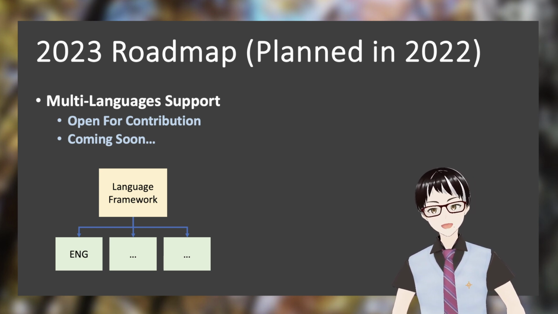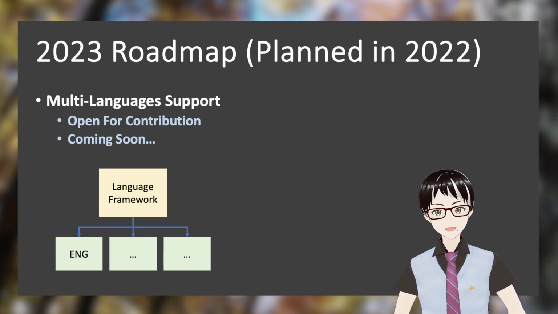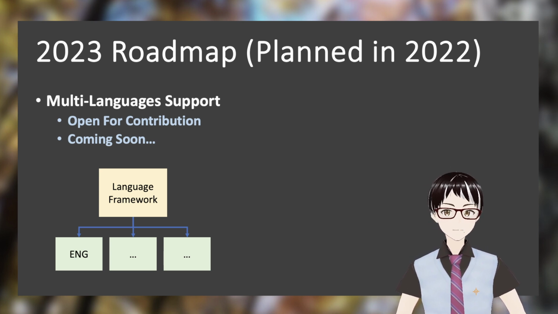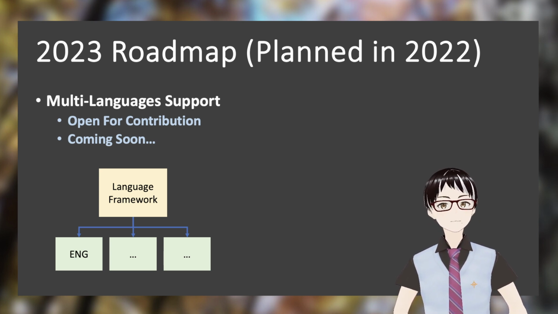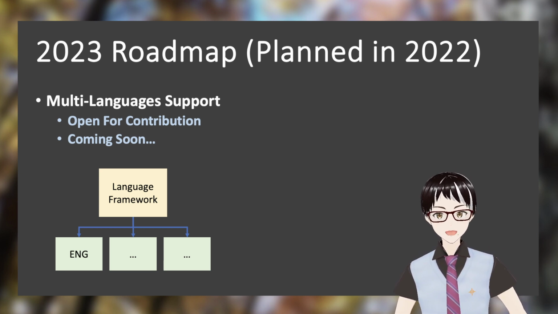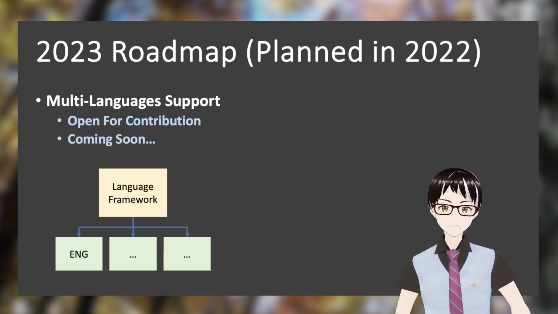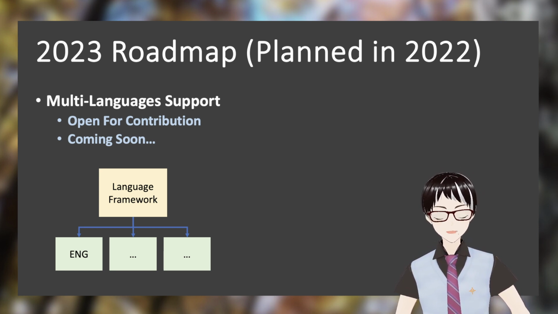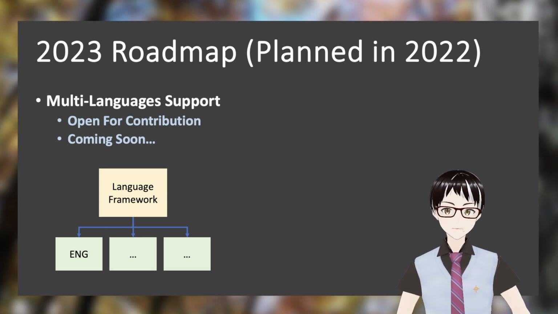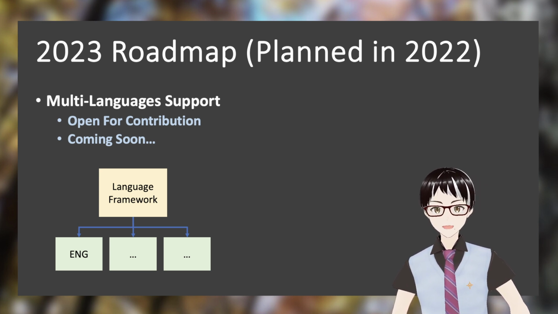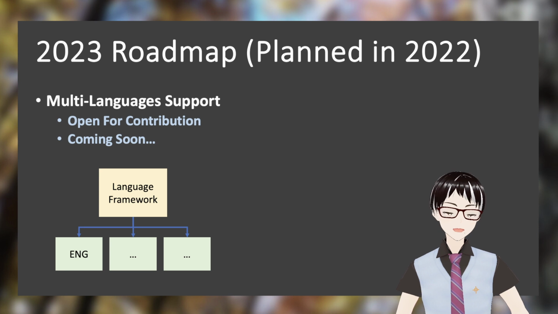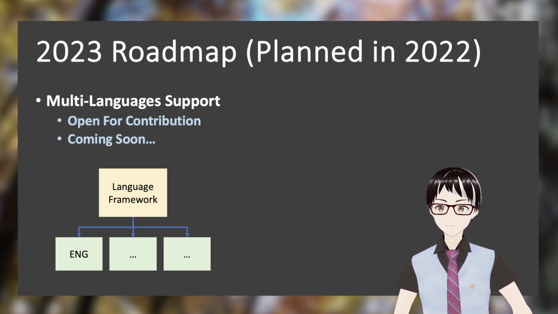It's not fully functional, I would say, because we don't have every item translated. Open for contribution, of course. The module, the architecture, the system is there. Hopefully we'll get more contributions in multi-language, but at least we do have multi-language support now. So congratulations to us. We are able to achieve our roadmap.